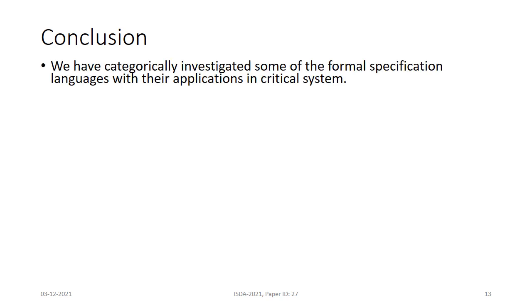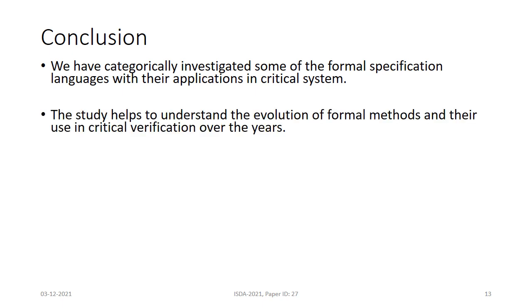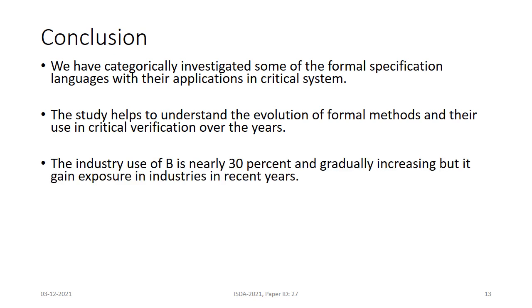So in the conclusion, we can say that we have categorically investigated some of the formal specification languages, like as we mentioned B, Z and event B, with their applications in critical system design. The study helps to understand the evolution of formal methods and their use in critical verification over the years.